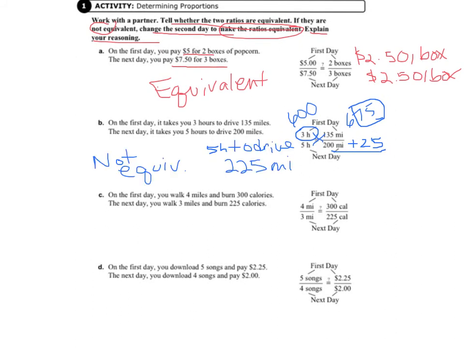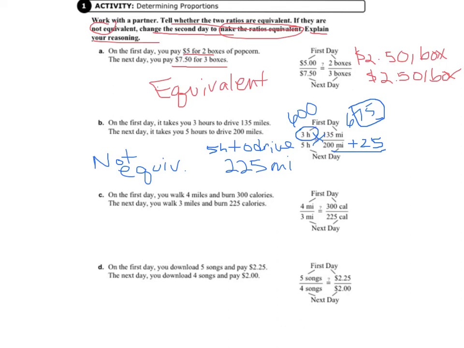Let's take a look at letter C. On the first day, you walk 4 miles and burn 300 calories. On the second day, you walk 3 miles and burn 225 calories.